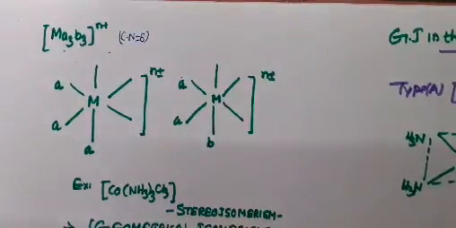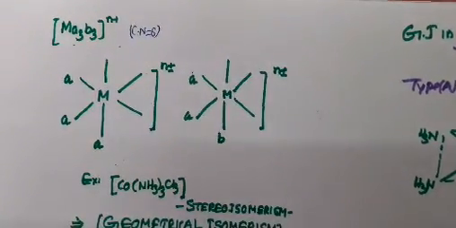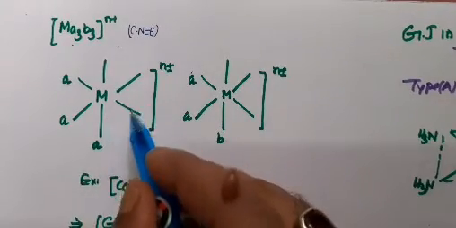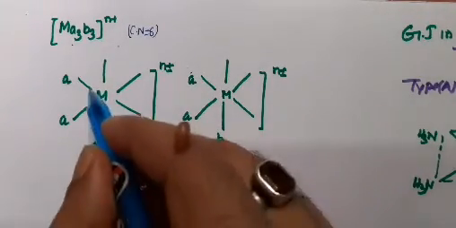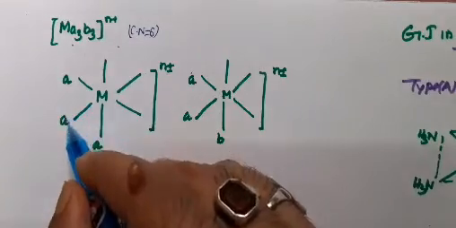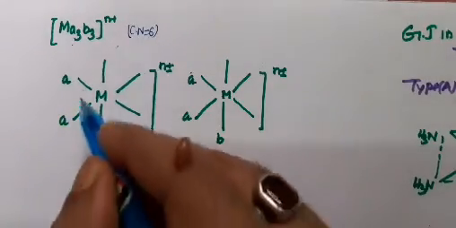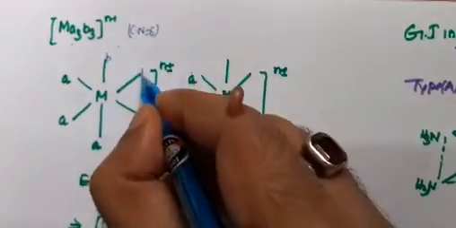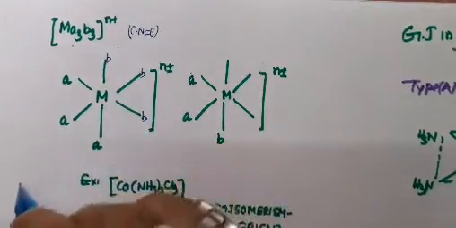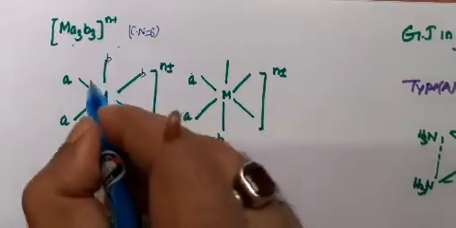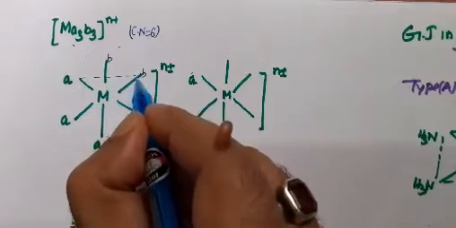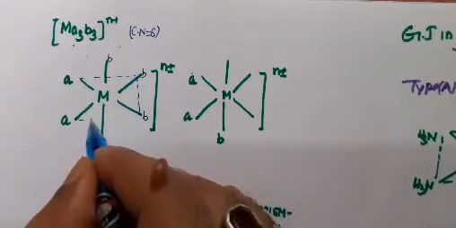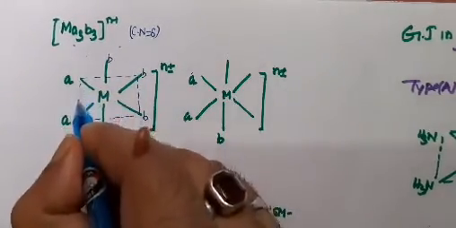So first we have to draw the octahedral geometry, and A-type ligands are arranged in this particular way, and B-type ligands are arranged in this particular way, and so the plane like this.